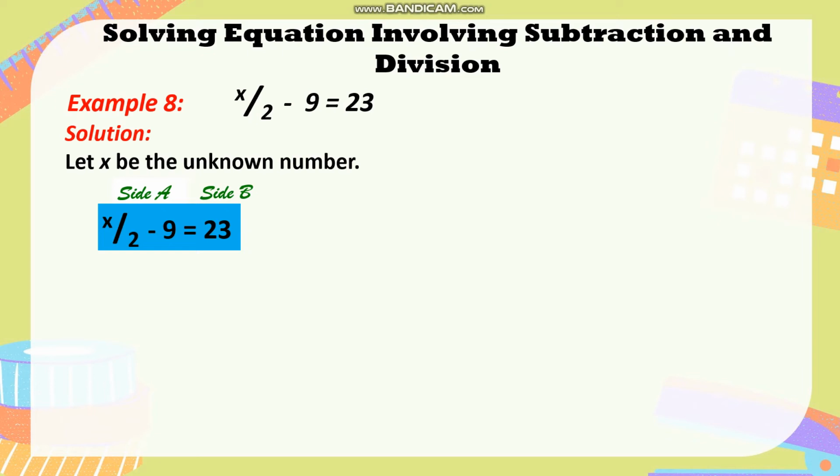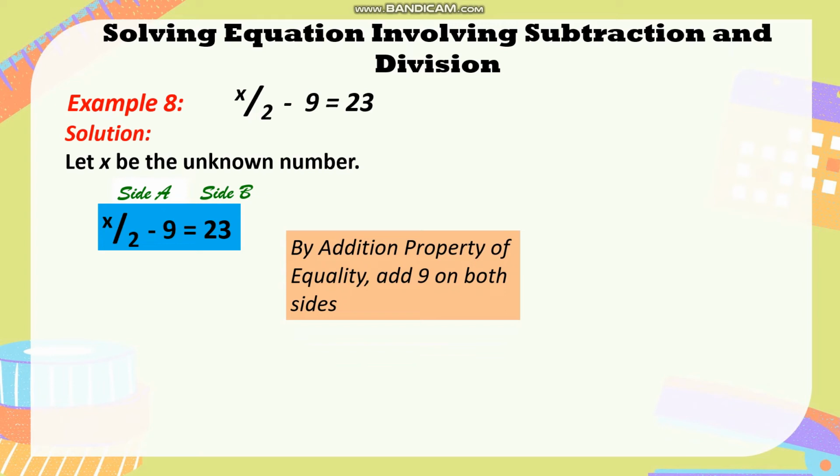Kapag sinabi nating undo, kukunin natin ang inverse operation ng mga number na naka-attach sa x. Ang minus 9 ay magiging plus 9 at ang divided by 2 ay magiging times 2. Pero unahin muna natin ang opposite ng minus 9.